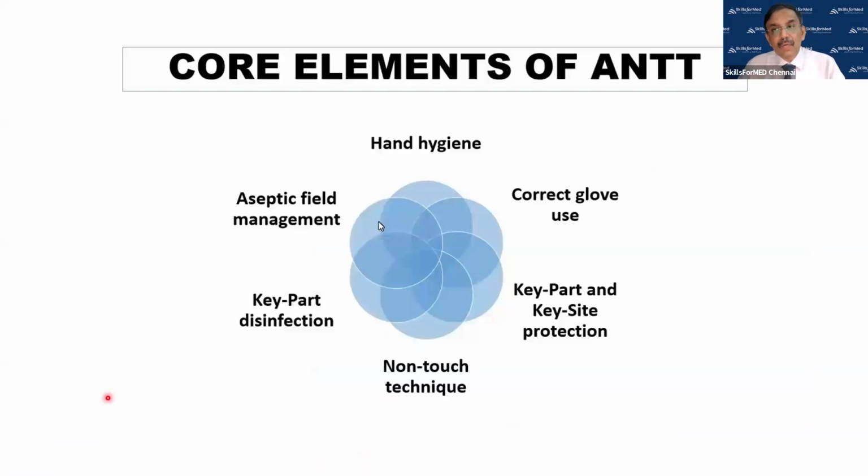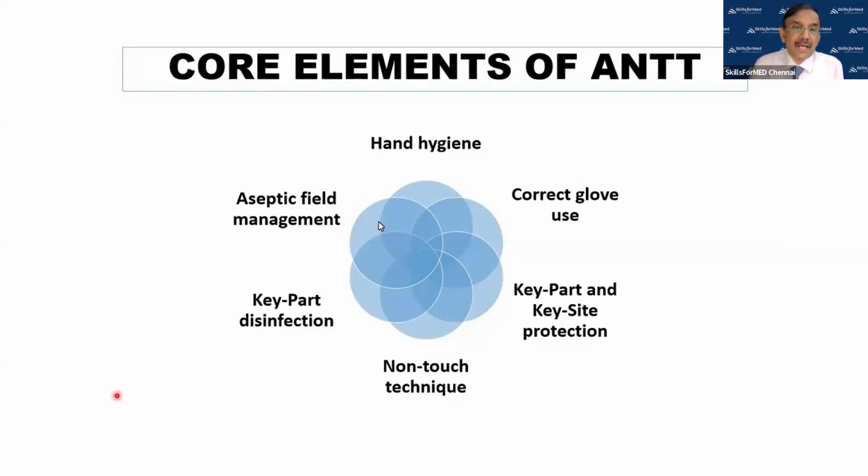Okay, so now having understood the key parts, key sites, and the general aseptic field which is created at the bedside, as opposed to a theater where there is a large sterile field, and then maintaining the micro critical sterile fields by these techniques, we can now start implementing ANTT.